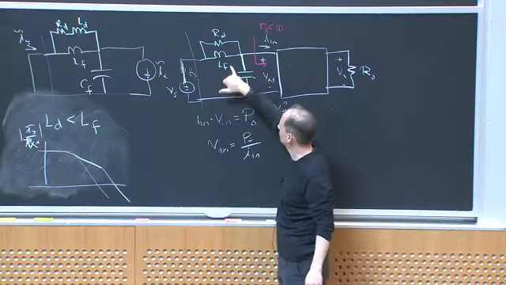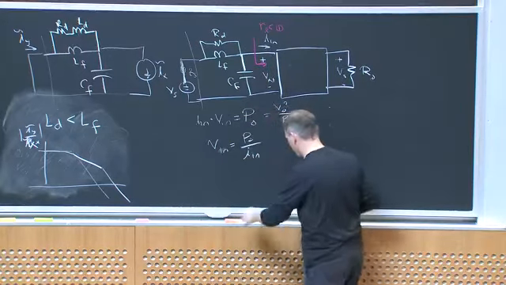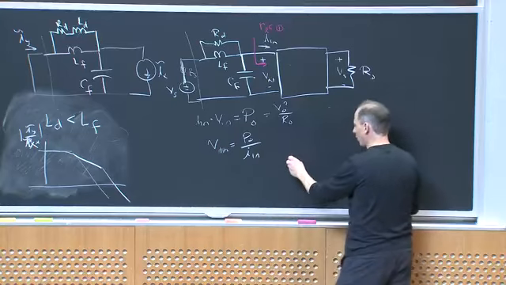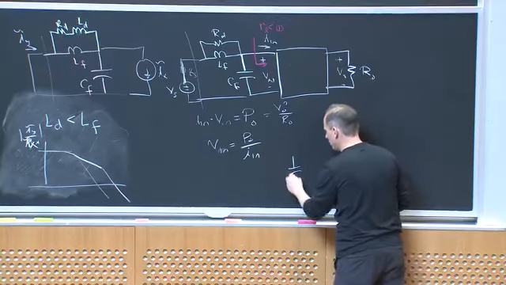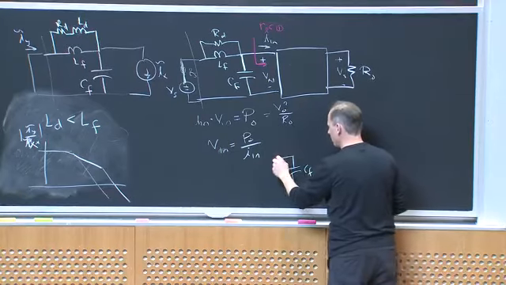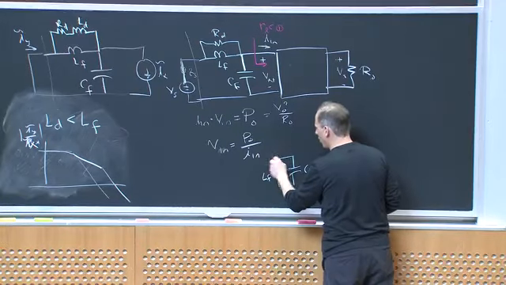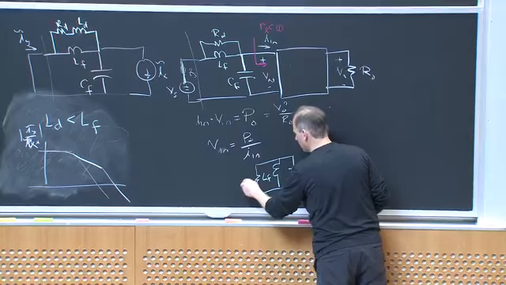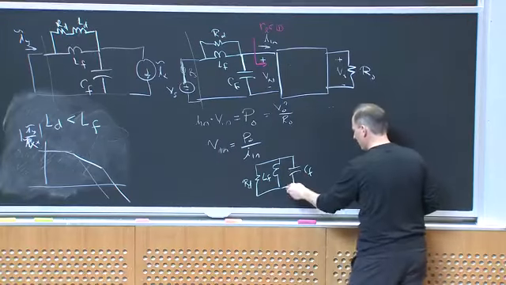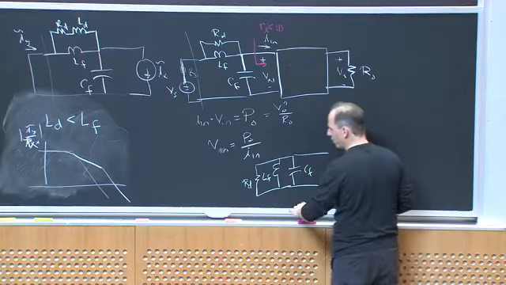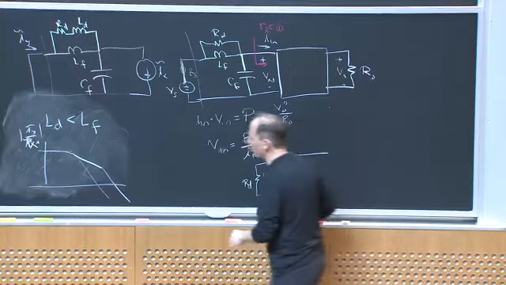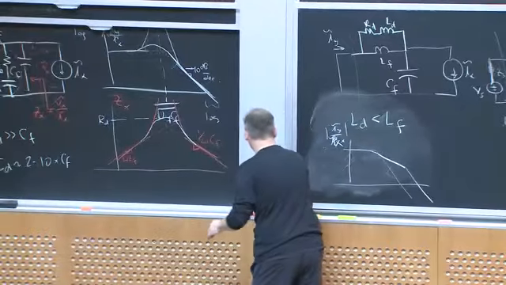I see LF, CF, and RD, right? So if I were to redraw this, what I have is essentially CF, LF, and RD in parallel. And this output impedance we've been calling ZX, right?